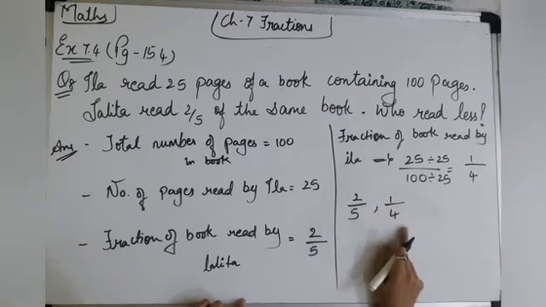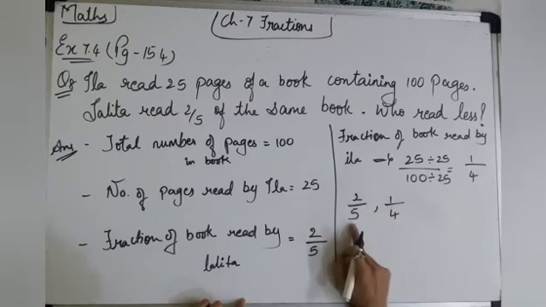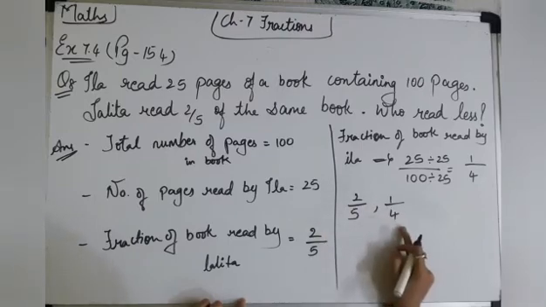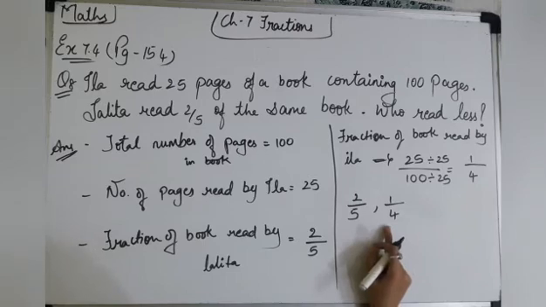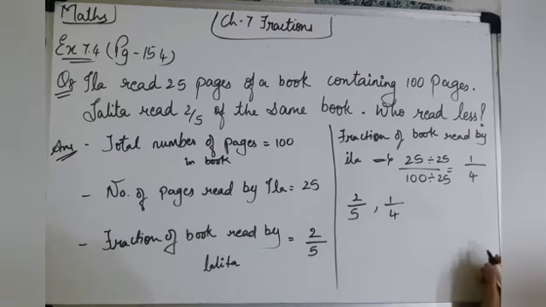As you can see that we cannot compare them because the denominators are different. So they are unlike fraction. For converting into the like fraction, what we have to do? We have to take out first LCM. So we'll take out the LCM of 5 and 4.